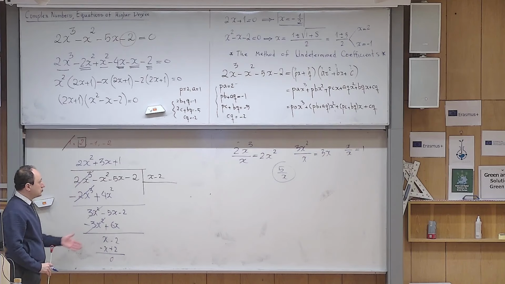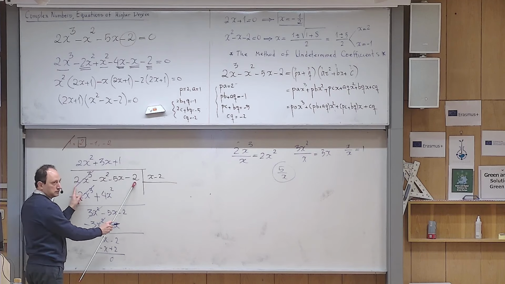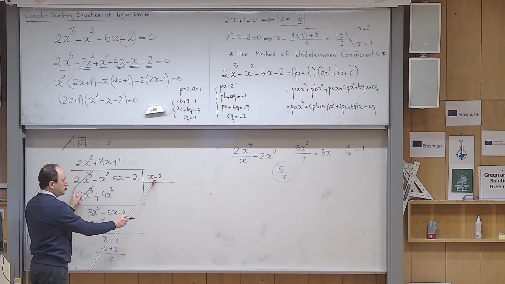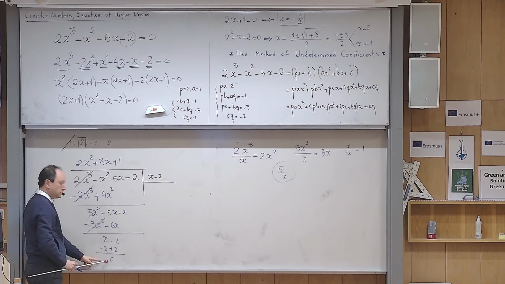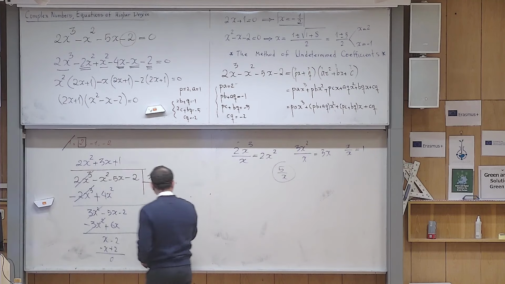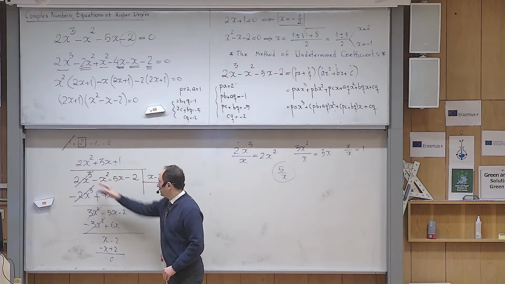But why is this useful? This is always the case, that your original polynomial is this polynomial multiplied by this one on top plus what is left here. So let me say that you start with polynomial P(x). This is your P(x).